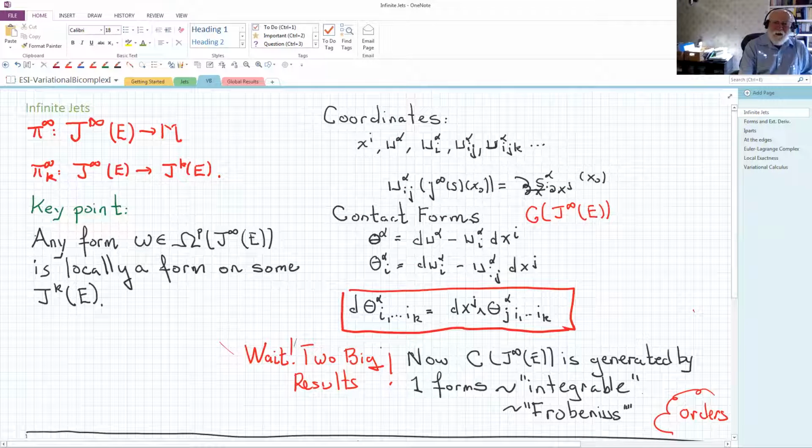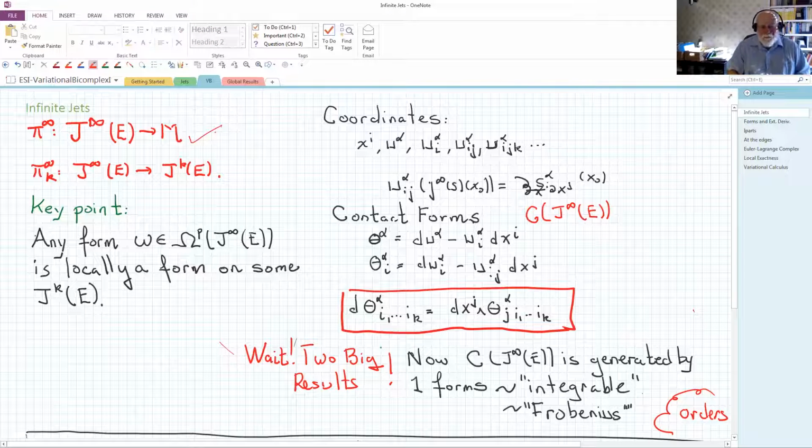Okay, so the next step after we've introduced finite jets is to make this passage to the infinite jet space. I don't want to review the topology of how you construct the infinite jets. The key point here is what it means to have a differential form on the infinite jet space. And that's right here.